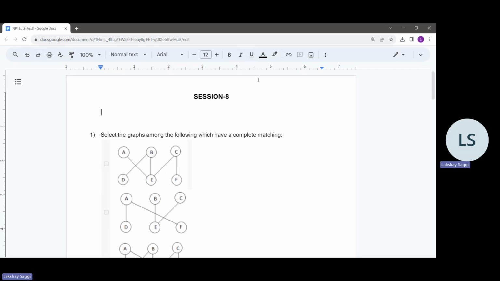Maybe I should write it again so that people get reminded, even if this was covered in last week's sessions. What is a complete matching?